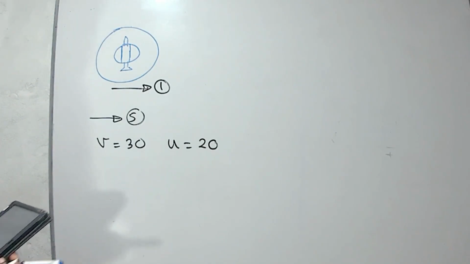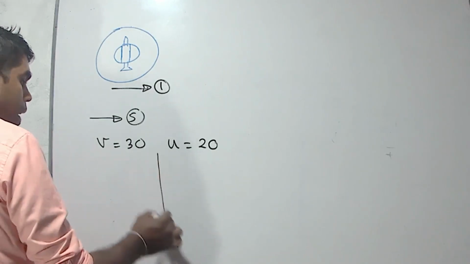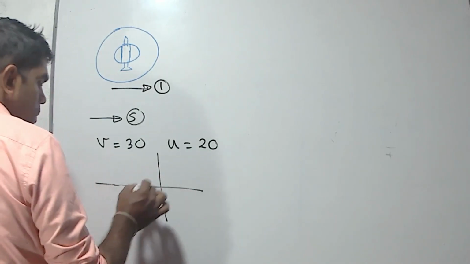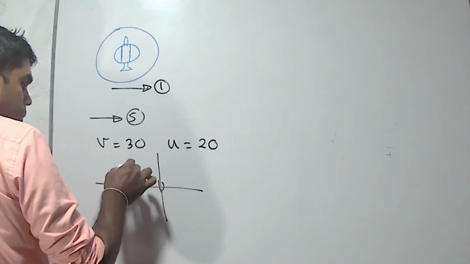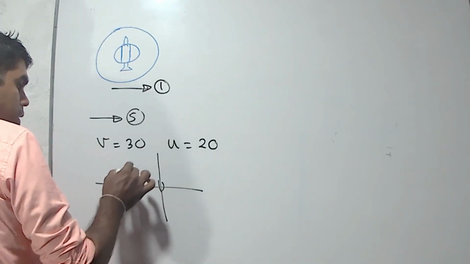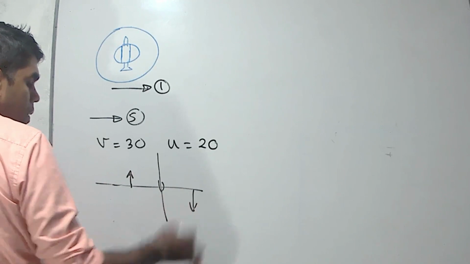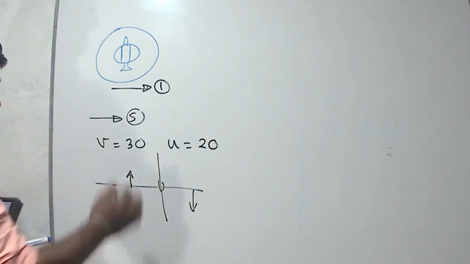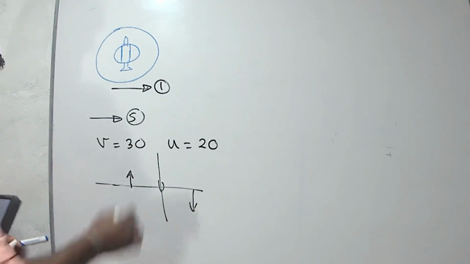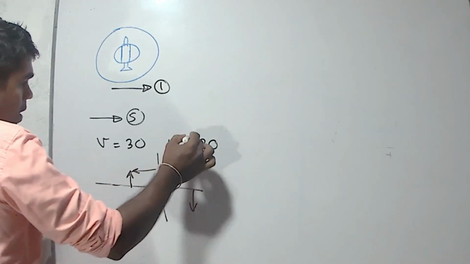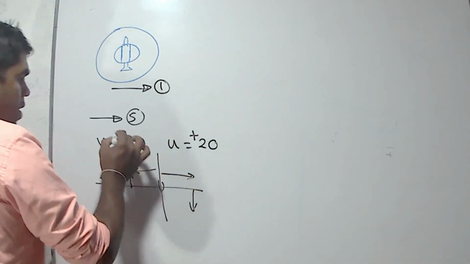And it is a convex lens, therefore if the object is in this place, the image should be in this place. We have to consider the side. Object distance is a plus value, image distance is a minus value.